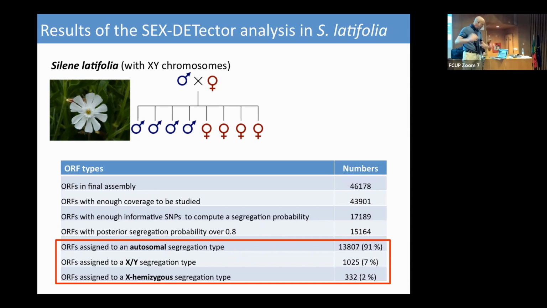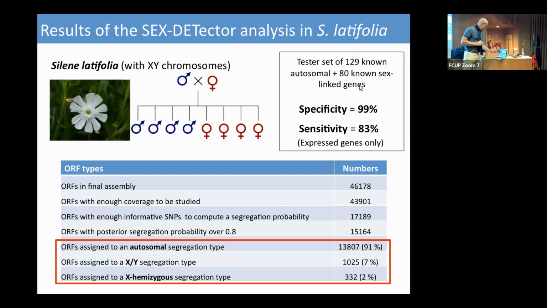We did all the workflow that I mentioned earlier, and we obtained these inferences. So we had 13,000 autosomal genes, 1,000 XY genes, and about 300 X hemizygous genes.